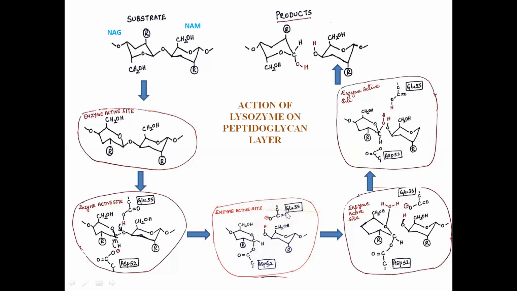Here, glutamate, after donating hydrogen, will be starving for a proton. Now there is a covalent bond, transient, that is the temporary bond, present between the carbon and the aspartate.